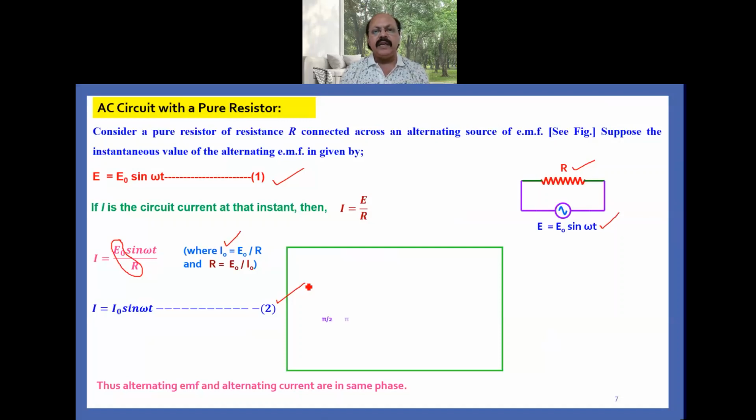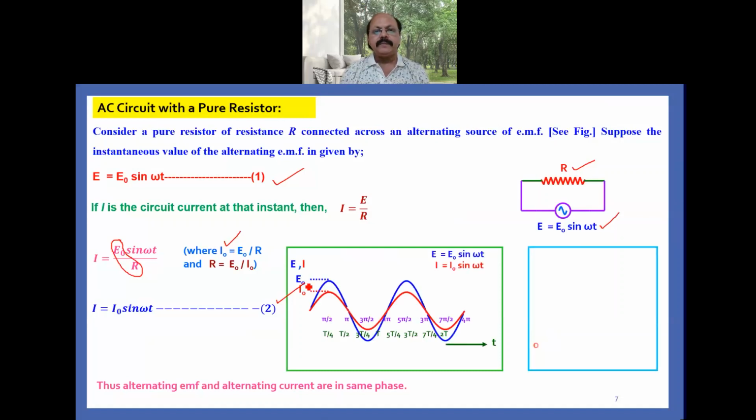And you see here in the graphical representation, the alternating EMF is represented by the blue line and the alternating current by the red line. Both start from the origin, point O, and here the value of both alternating EMF and alternating current is 0.